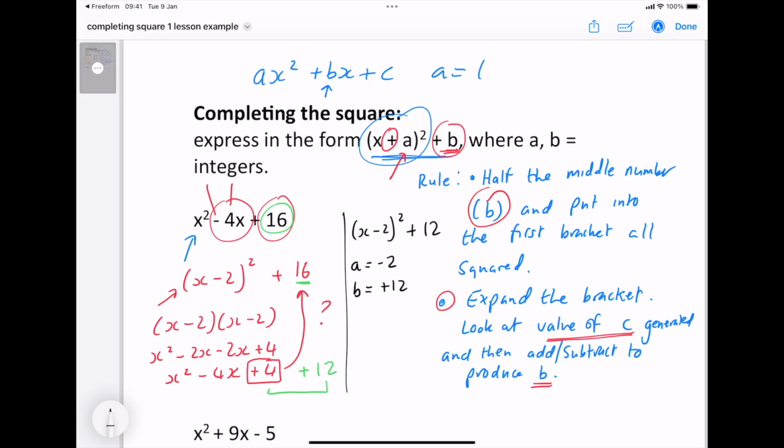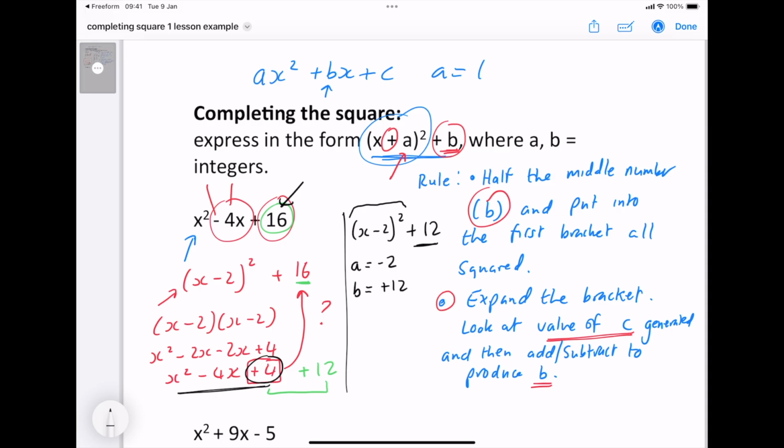Now, if you're thinking, why is this the correct answer? How does this work? Well, we've just seen what happens when we expand that. If I expand that double bracket, I get this expression, but it only produces 4. And the original quadratic has 16, so we're 12 short. So this is why I need to add 12 on at the end to get that up to 16. So before we look at the next example, let's just recap.